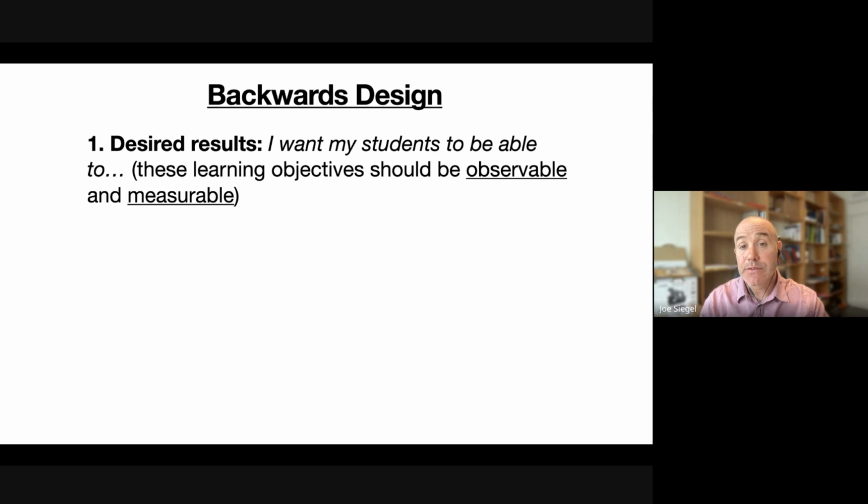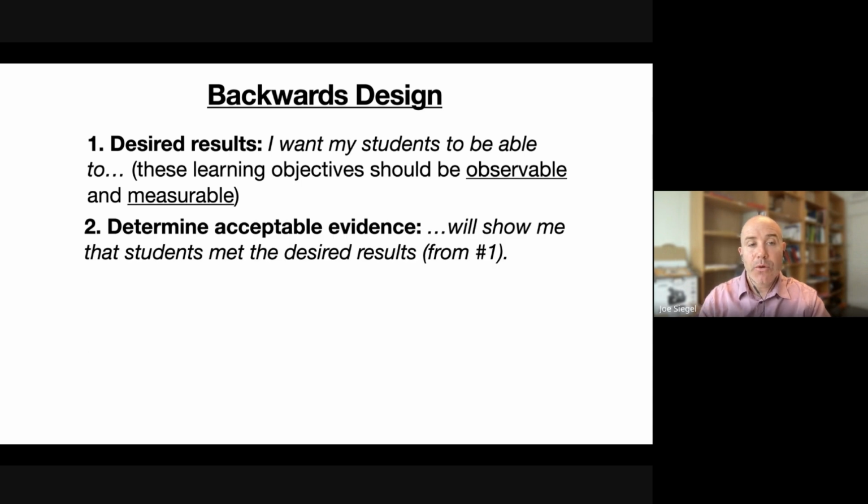These learning objectives, they should be observable and measurable. They have to be something that we can assess with some kind of tangible number on an exam or a quiz, or tangible evidence through a presentation, through project work, through an essay. Then we can determine acceptable evidence.